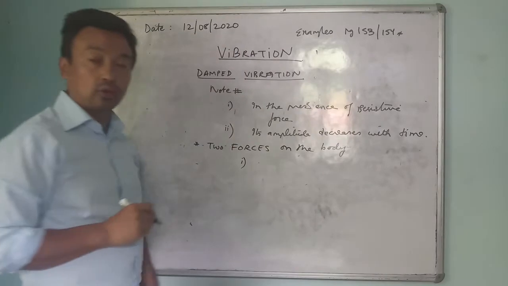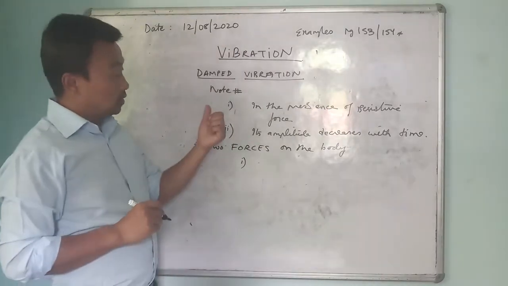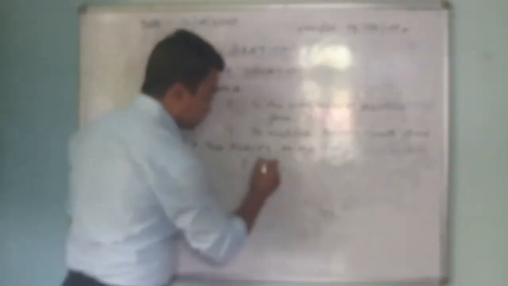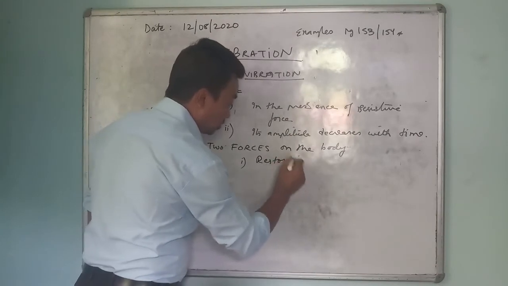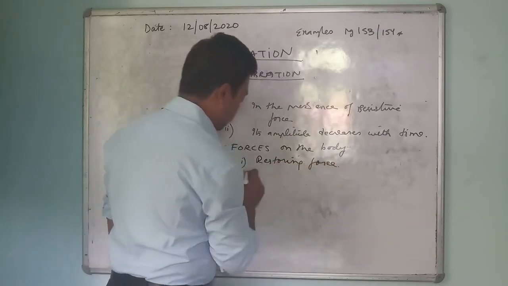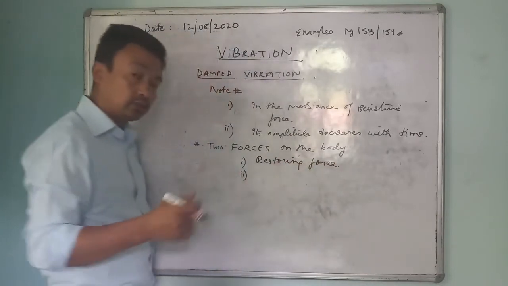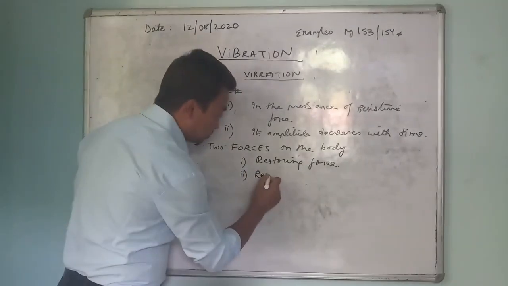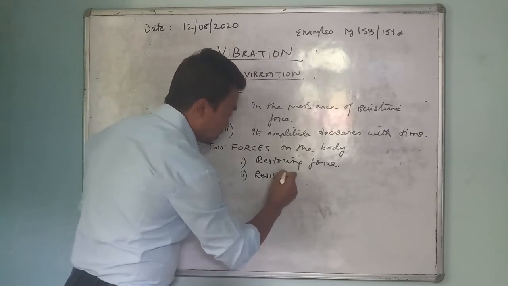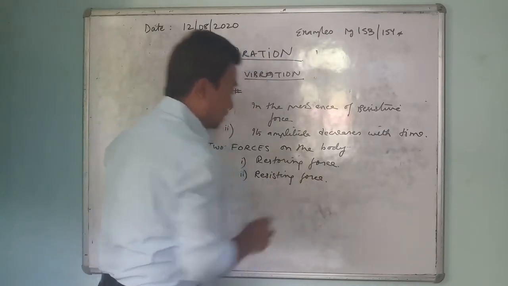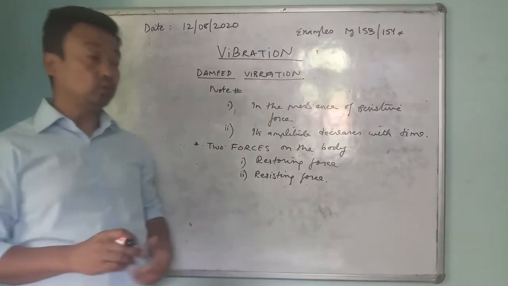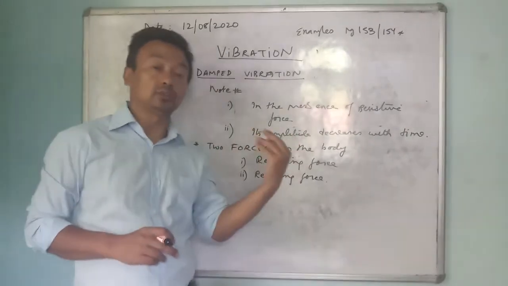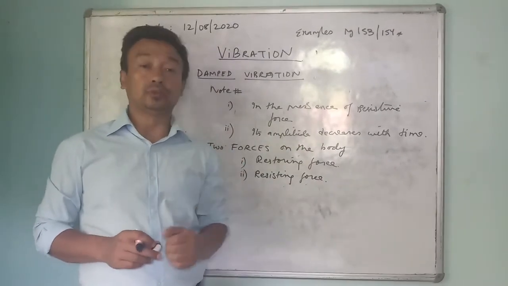The first one is called the restoring force. Now this is the force with which the body will start to vibrate. Then you have the resisting force. Now this resisting force is the force provided by the surroundings of the body.